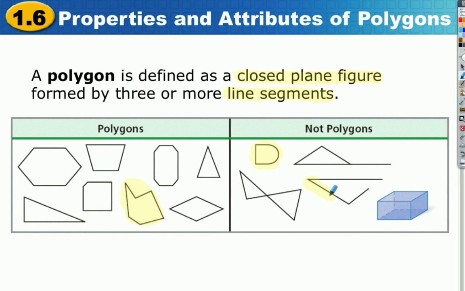What about this one right here? What's wrong with that one? Alicia? It's open. It's not closed completely. The other two are a little more difficult, but it's basically the same idea. This is considered open because of this extra extension here.